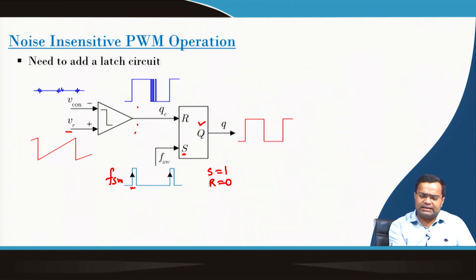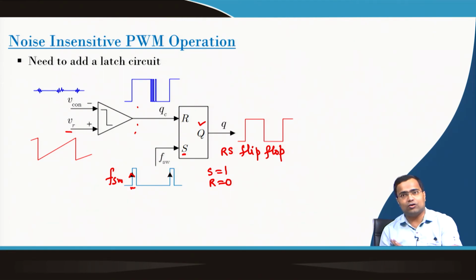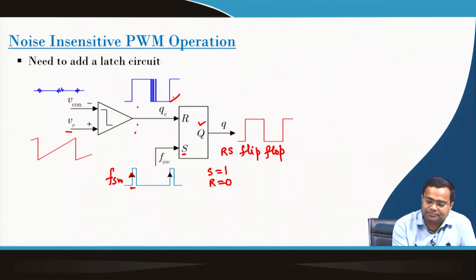So, you can use a D flip flop also, there are various possibilities. So, here we are just using an RS flip flop. It works on the edge. When the first edge comes, this is an RS flip flop, not an RS latch, the Q is set to 1, and then when that edge is gone, it looks at the edge of the QC.